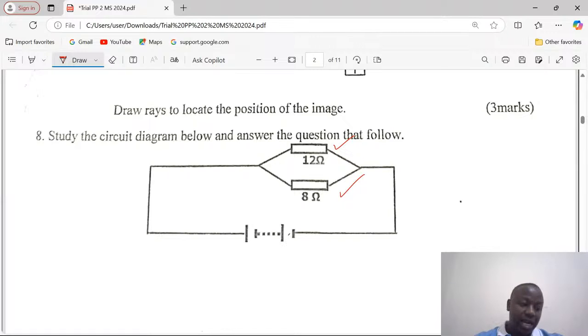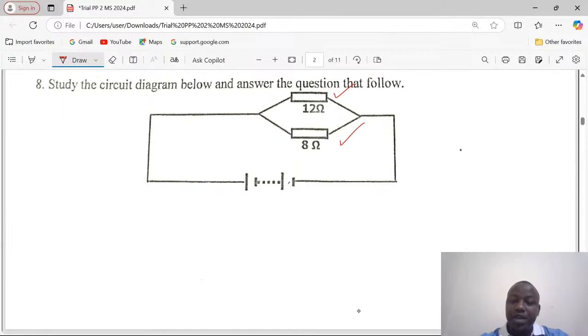In a parallel setup of components, we usually say that voltage is the same, or two components parallel to one another are operating at the same potential.